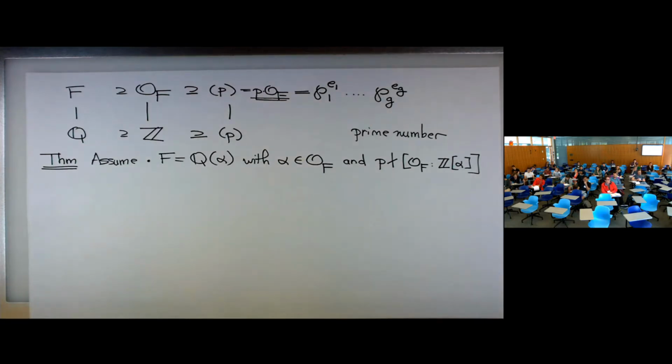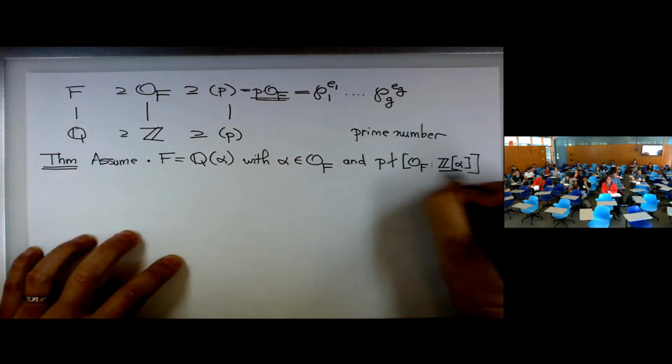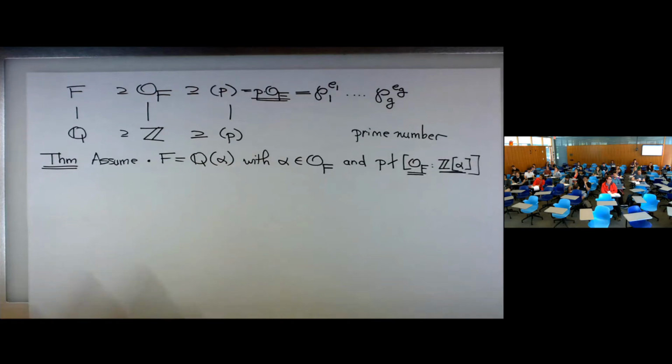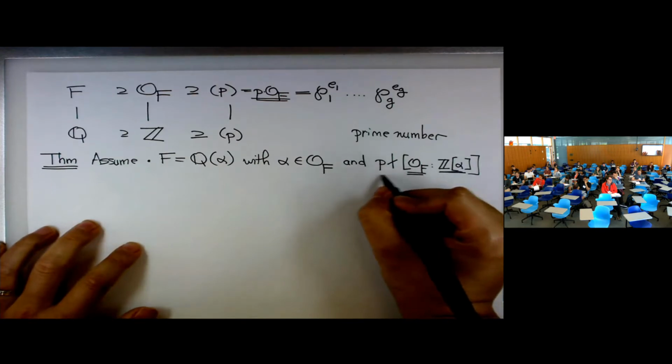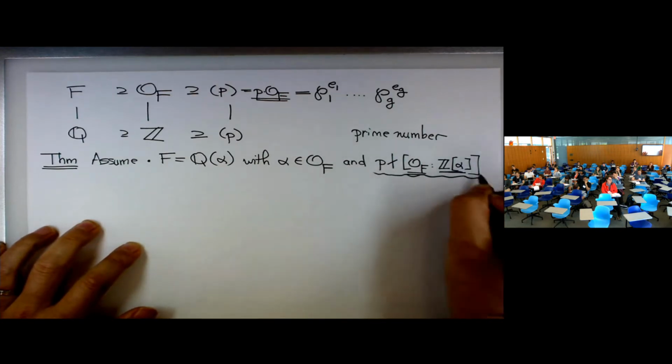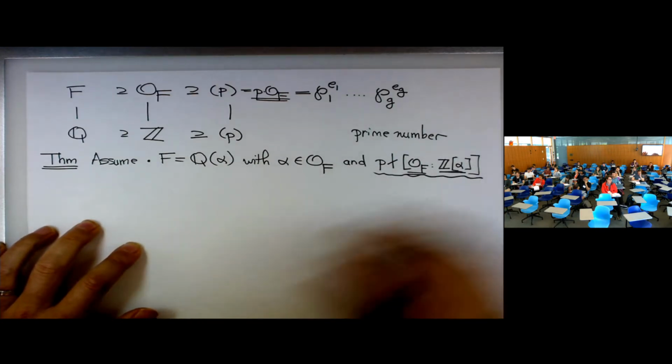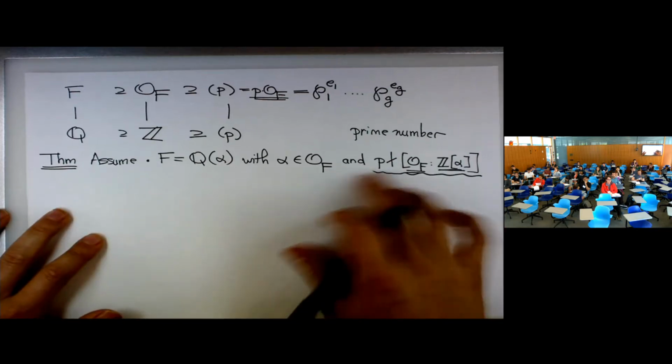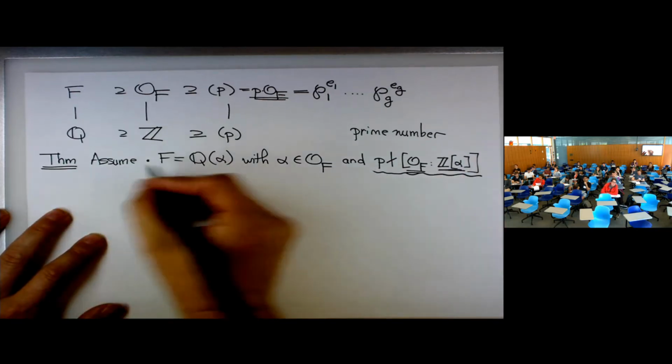Why do I make this assumption? Well, although OF is more canonically defined, in practice it's really easier to work with Z adjoin alpha. So there's this condition here.